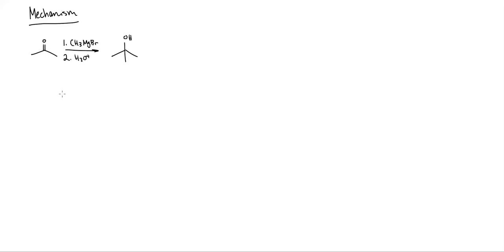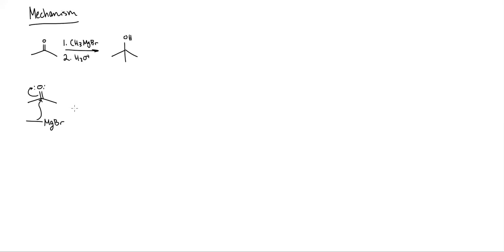So let's take a look at the mechanism. So I have this ketone starting off, and then I have CH3 MgBr. So this is a CH3. This bond is going to attack this carbonyl because it's slightly positive. We've talked about this a lot before.